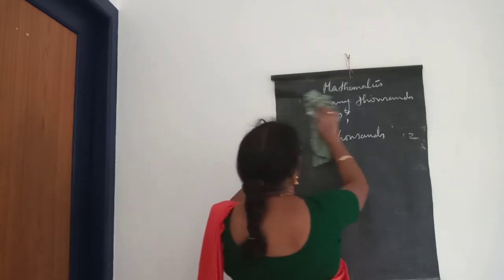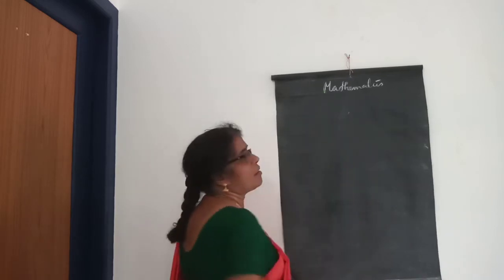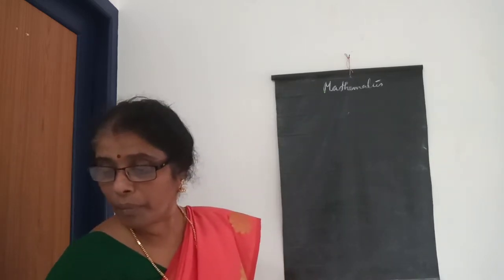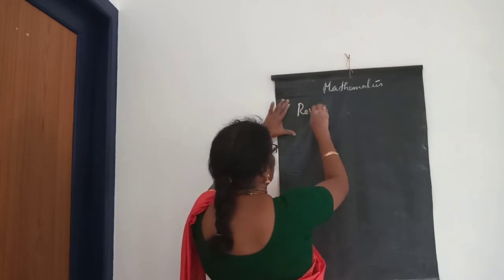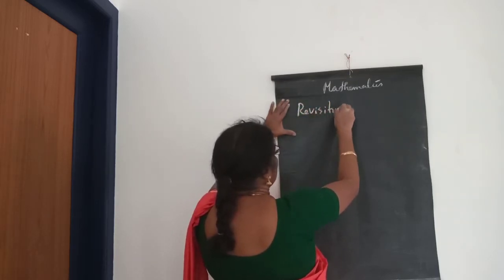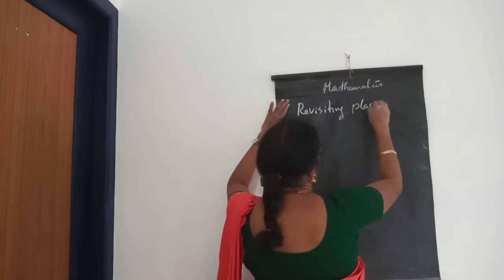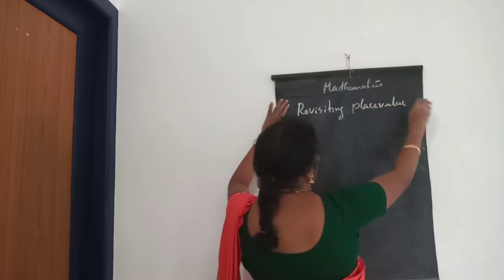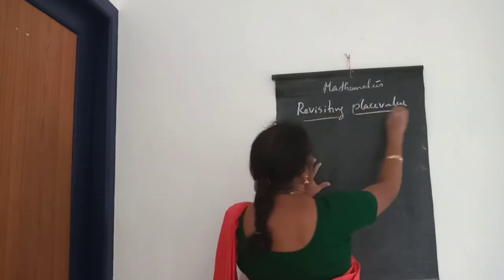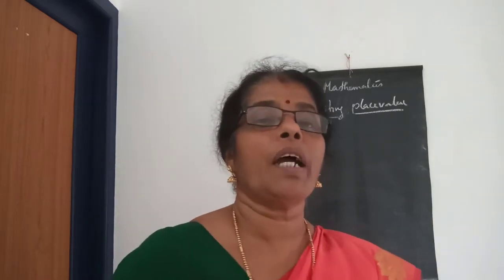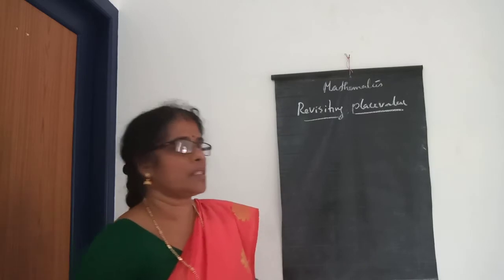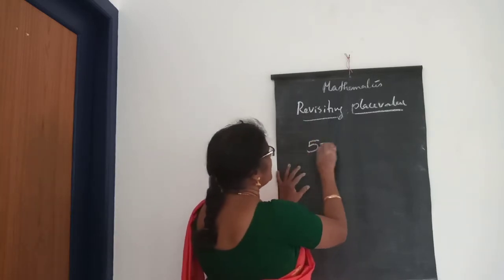Okay, then next one is revisiting place value. Already you know the place value, isn't it? What are the places of the digits? 586.